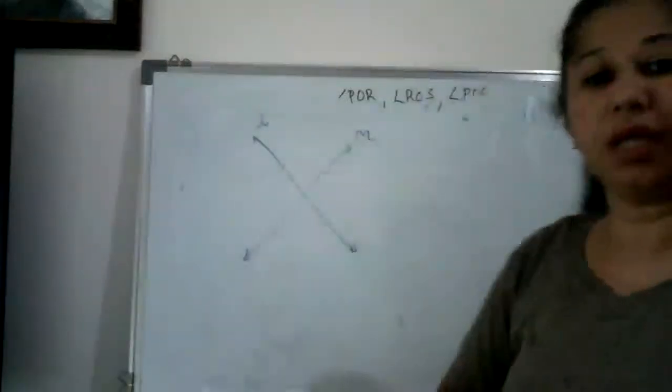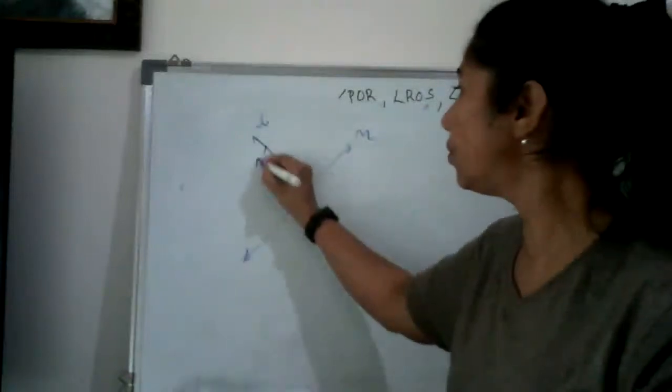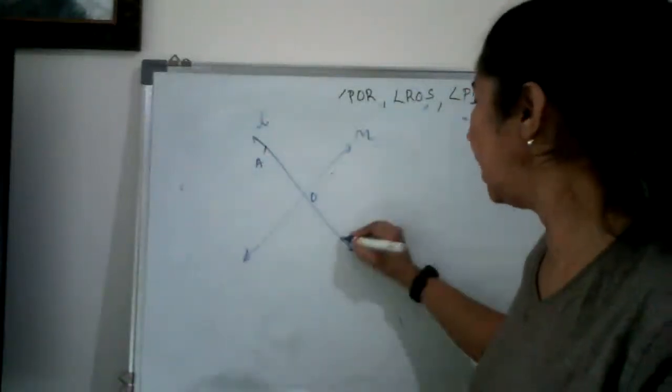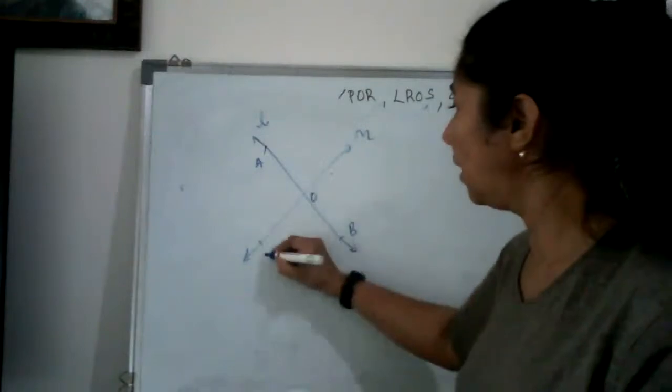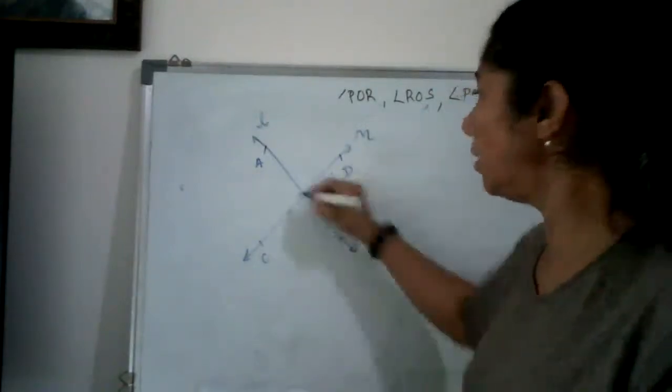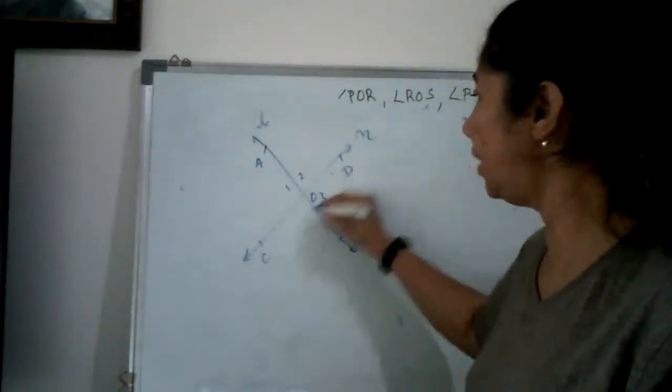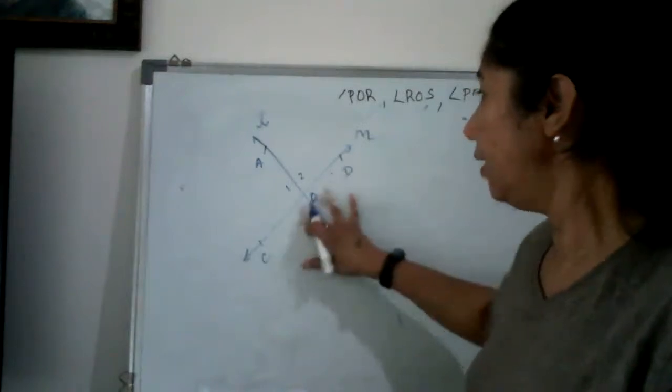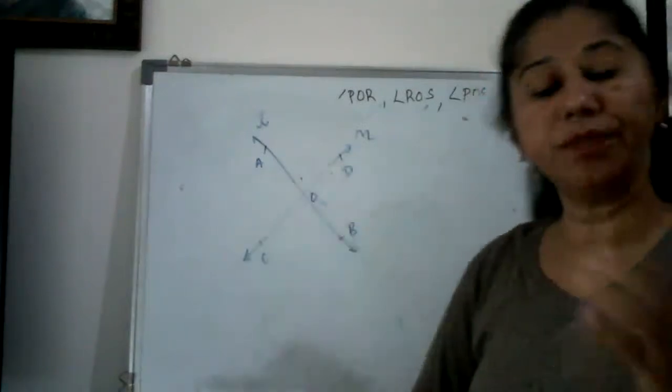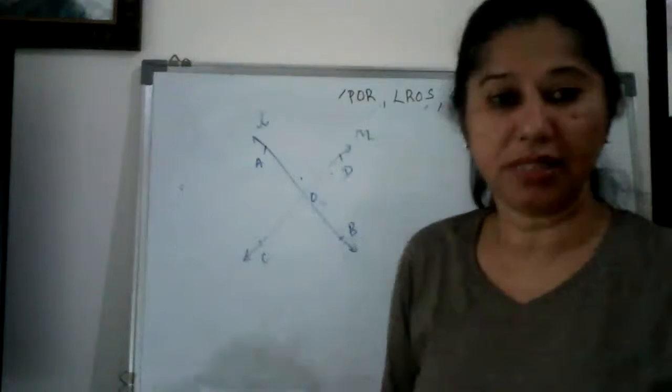So I've given two names here to the line, and suppose I'm taking this as the vertex, something like this, line AB and line CD. You could see here you get four angles, 1, 2, 3, and 4. Right? Now we will make the relationship between these angles. Which type of angles are there?